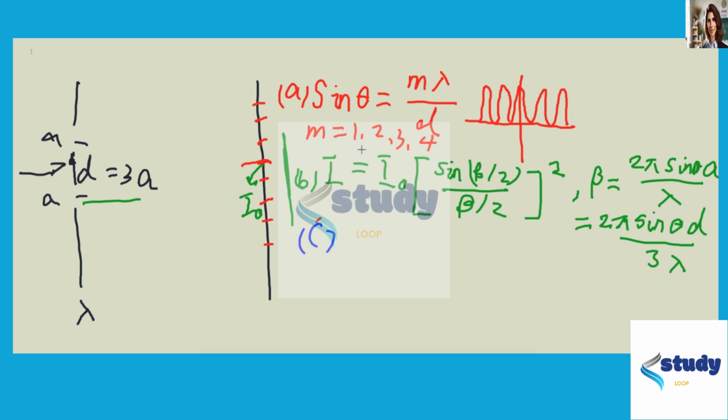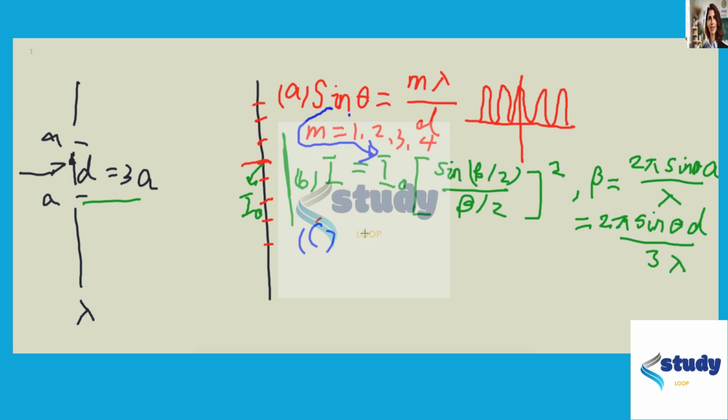We just plug in all those theta values. Remember, a different m value will give us different sine theta. We just plug in those sine theta here, and we will find some result.